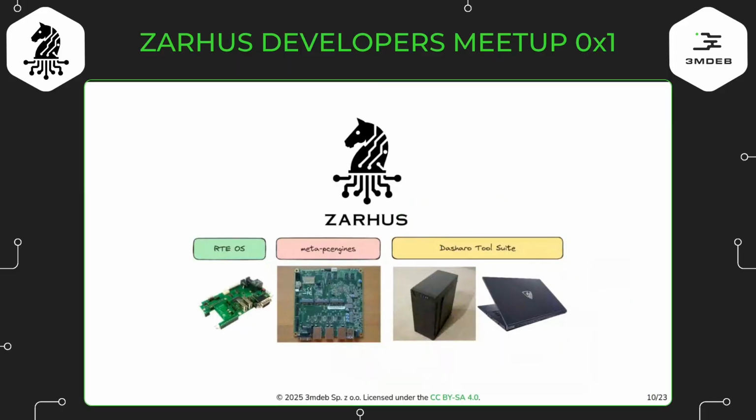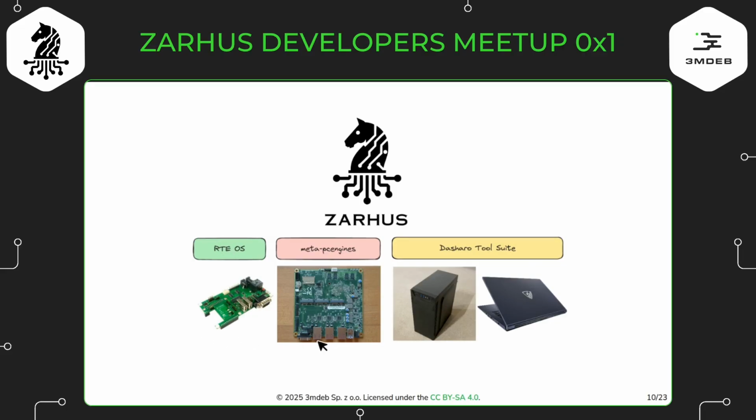How does it relate to Dasharo? So the Zarhus Team maintains RTE OS. RTE is our open hardware platform, which we use in our labs to maintain power cycles of the platforms, to read over serial, flash SPI, and so on. So that's something that we do. And we have a meta layer in Zarhus, which essentially gives some functionality to that tool.